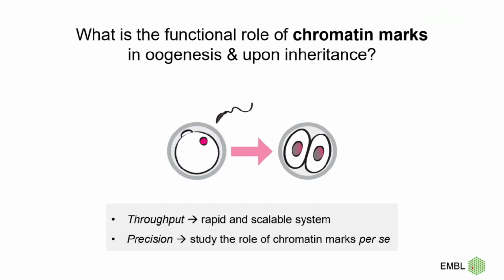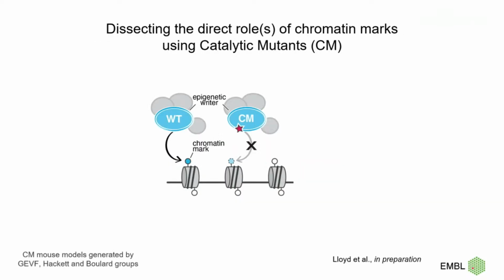So we wanted a rapid and scalable system, and we wanted it to be precise, because one other question that the Hackett group is really keen on addressing is the causal link between chromatin marks and phenotypes and gene expression outputs.